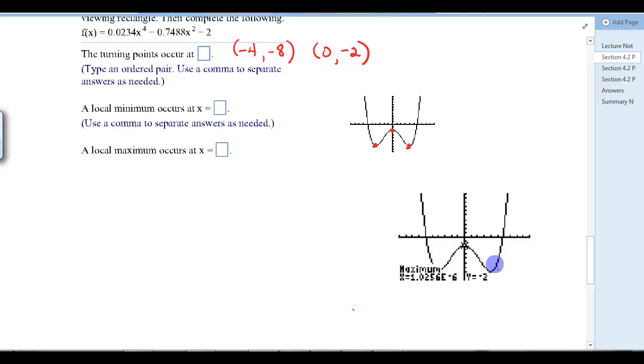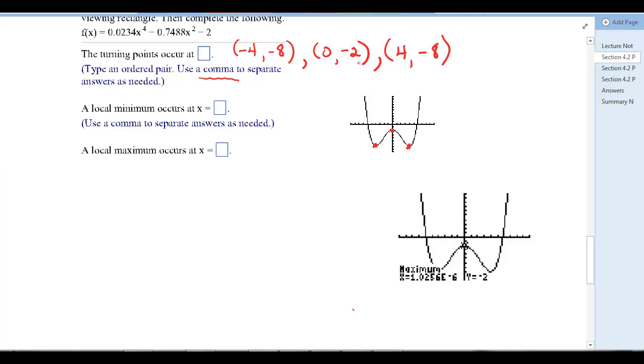And then if we did this one again, we would get a min of 4, -8. It does say to use a comma to separate your answers. So we've got commas in here between the ordered pair numbers. We need a comma there, or it will not count it right.